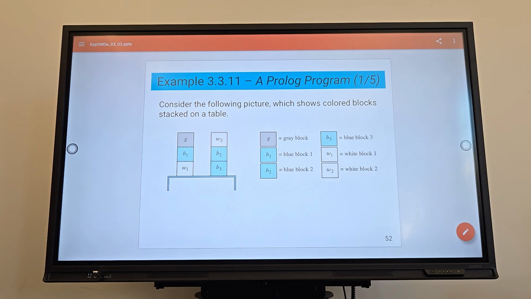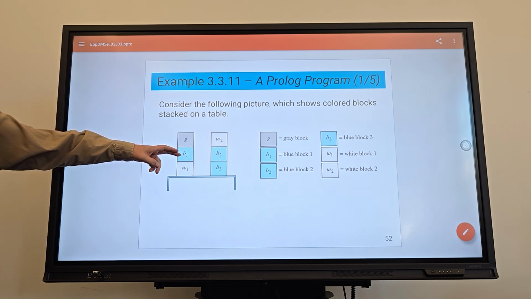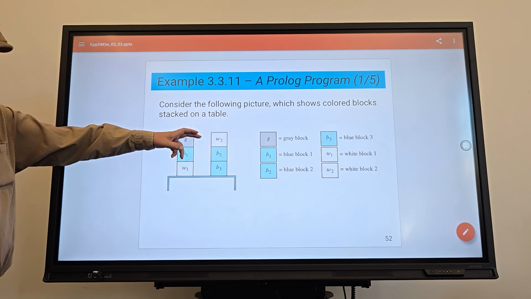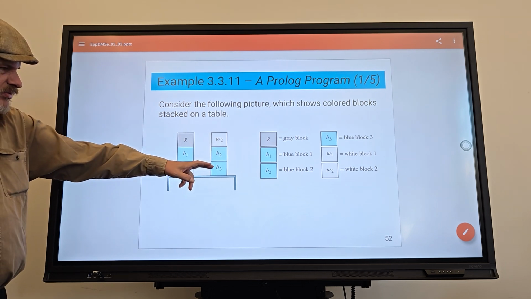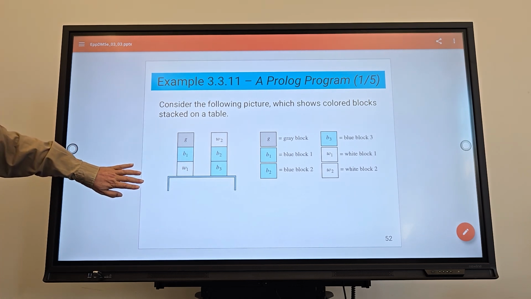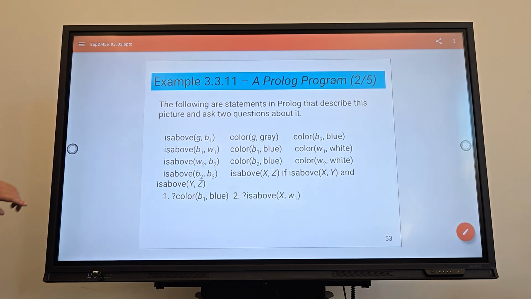Consider the following picture. Gray is above B1, blue 1 and white 1. White 2 is above B2 and blue 2 and blue 3. All right. This can be expressed in Prolog as these lines of code.